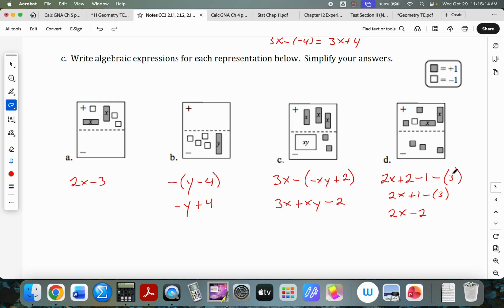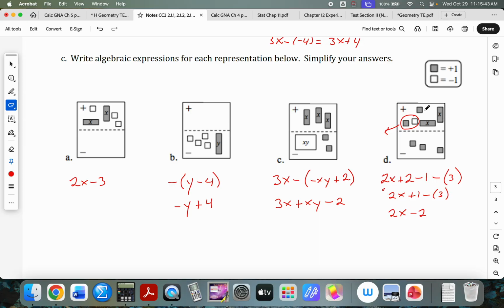Don't worry about drawing this next thing for just a second. But I want to show you something. Right here, these 2 tiles, one's positive and one's negative. Together, what do they make? 0. So those zero each other out.